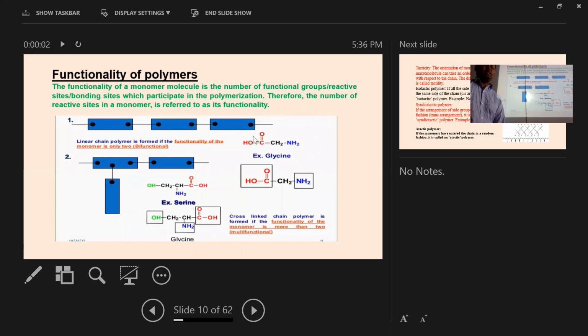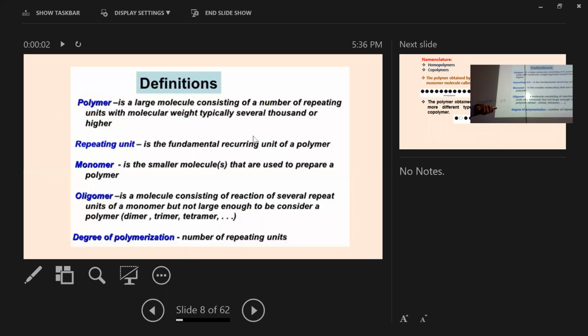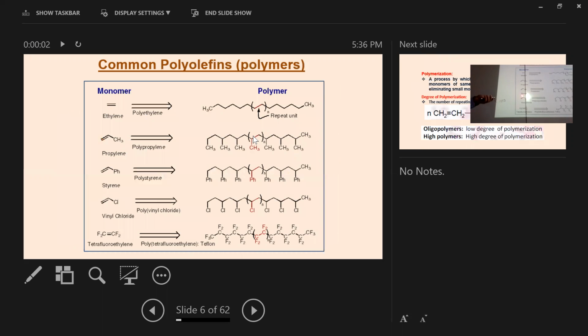Functionality of polymers. In previous slides I have shown you polyvinyl chloride, from vinyl chloride. Here you can see this is one chlorine, and this is polypropylene, from propylene. This is our monomer.